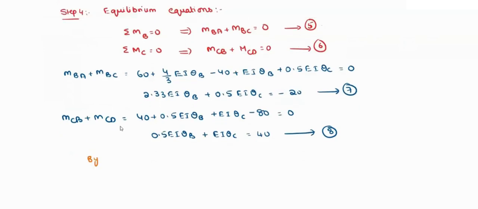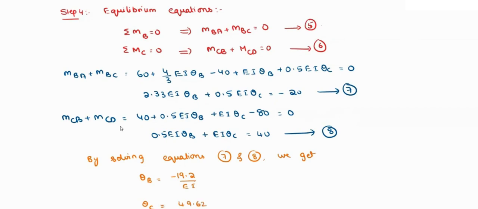So our next thing is, by solving equations 7 and 8, we get theta B will be equal to and theta C will be equal to. So theta B, you are getting it as minus 19.2 by EI, whereas theta C, you are getting it as 49.62 by EI.